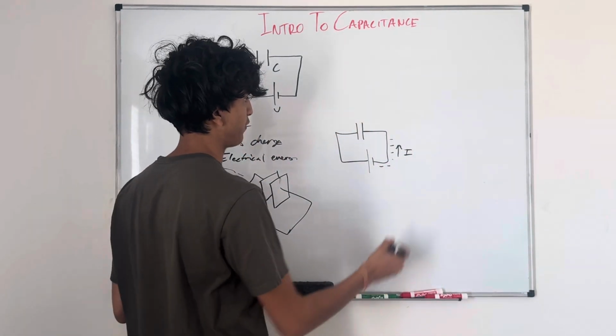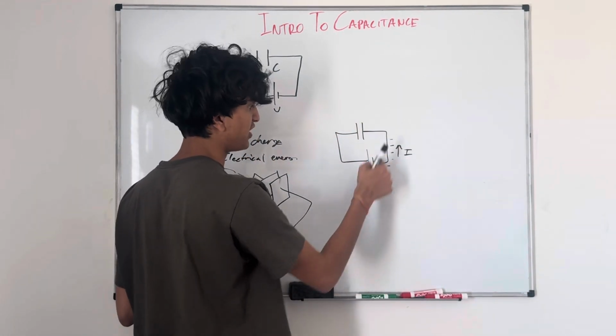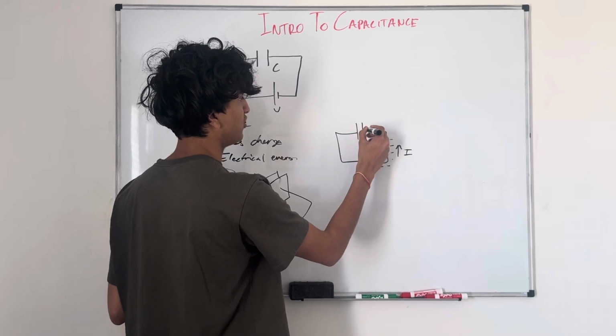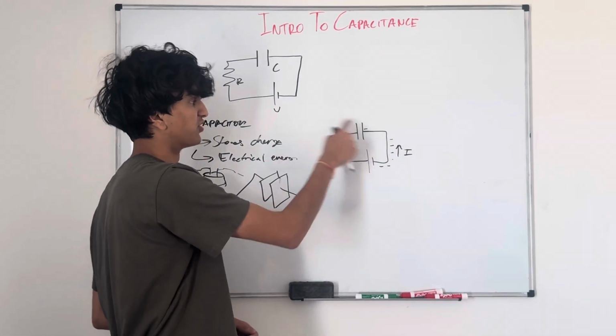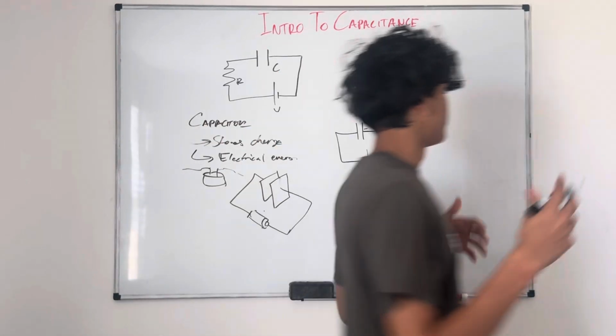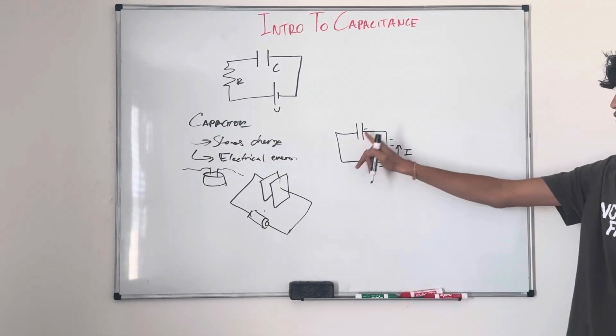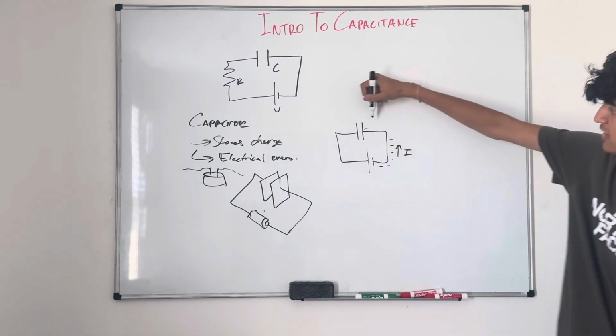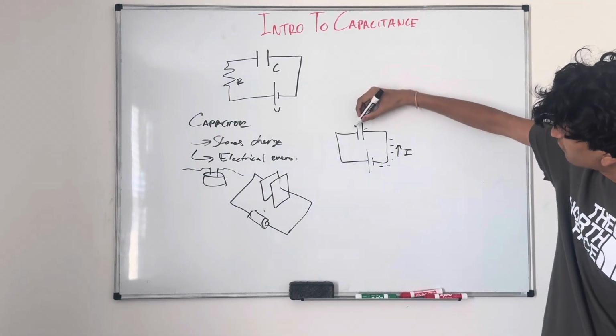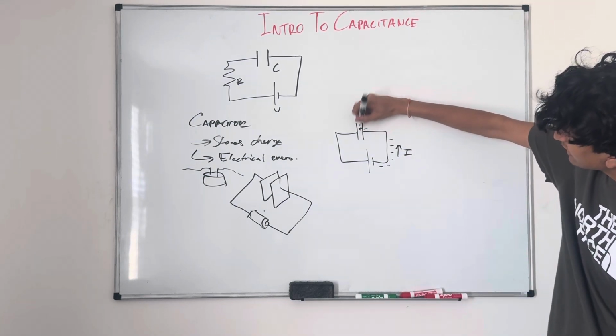Eventually, the first negative that comes out of here is going to get essentially blocked by this plate, because it can't jump over and continue the circuit. It's going to get blocked by this plate and stop there. But what's going to happen after that is there's going to be a very small electric field.